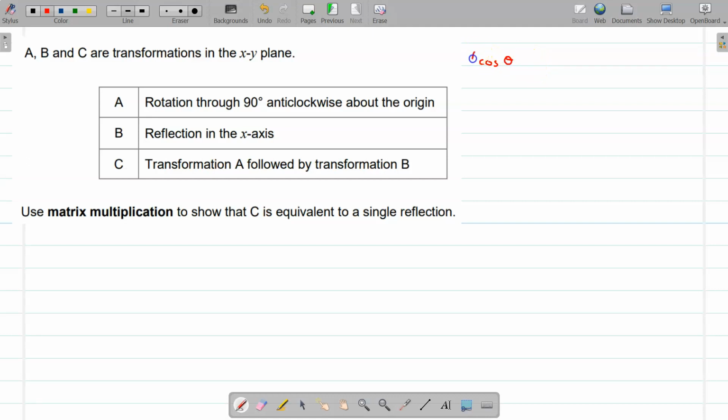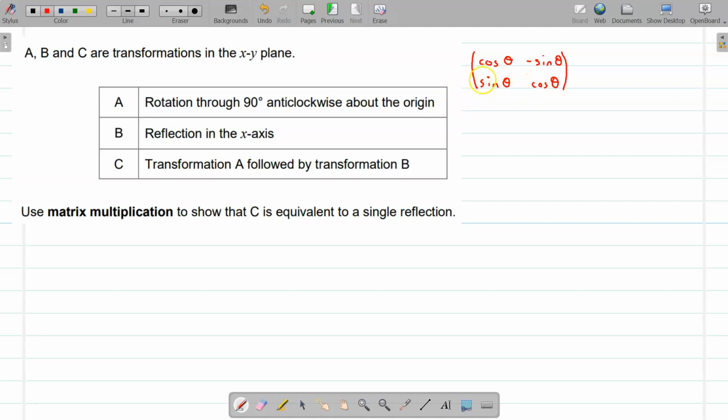So it's a matrix where theta is the angle of rotation anti-clockwise, okay, and it's cos theta, minus sine theta, sine theta, cos theta. Okay, so they're the 4 elements of the matrix for a rotation.